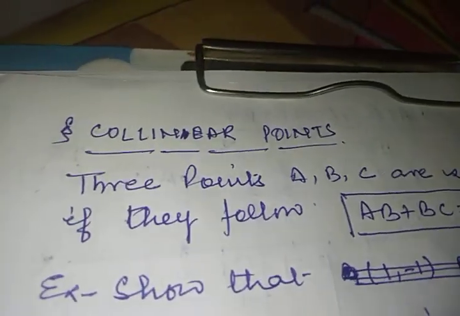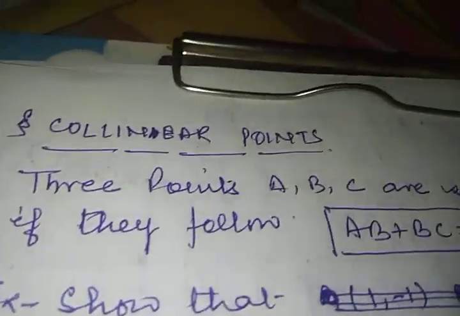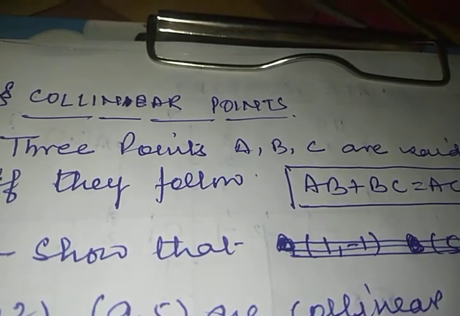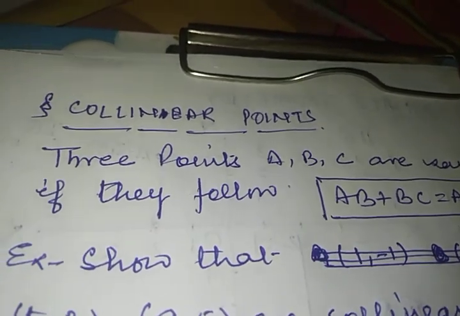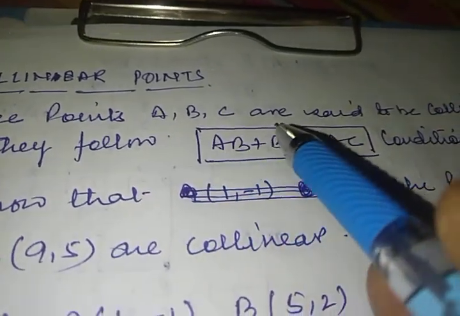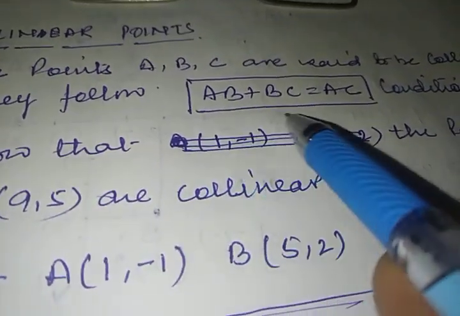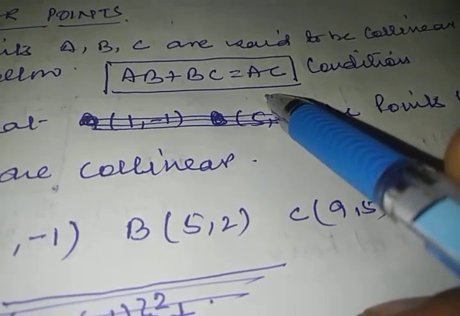Then comes collinear points. Collinear means on one line. Co means together, linear means on a line. So 3 points A, B, C are said to be collinear if they follow the relation AB plus BC is equal to AC.